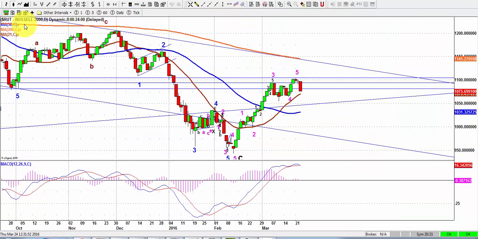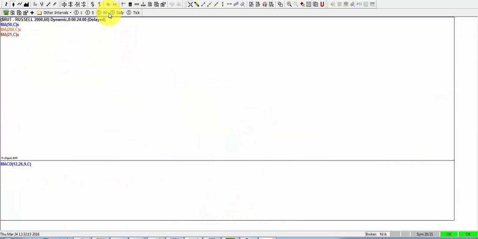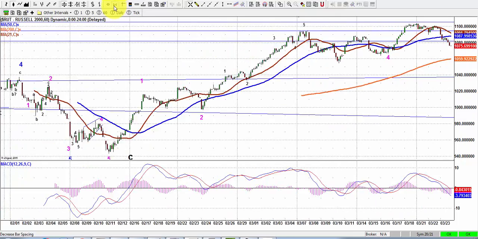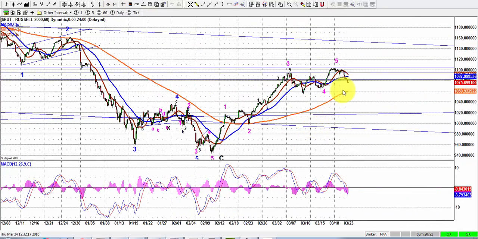Okay, this is the Russell 2000. That's the cash. That's the daily, and here is the structure that, as far as I'm concerned, is clearly indicating no more upside. That's it. That came out from a clear bottom: 1, 2, 3, 4, 5, and the extent of the reversal is like saying, well, I am here to give you a clear message.